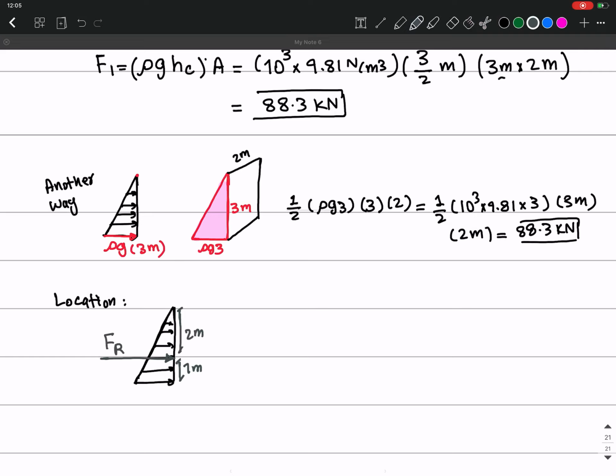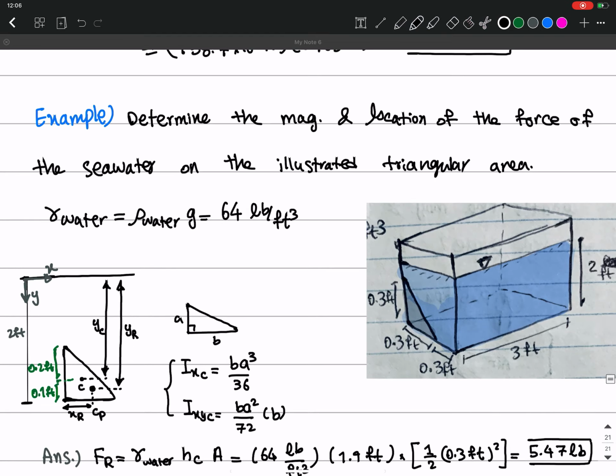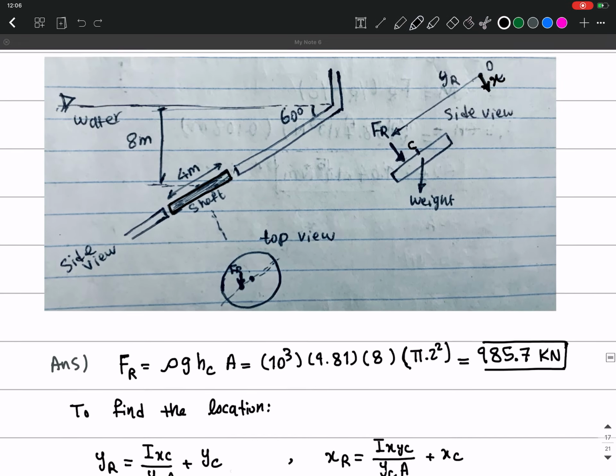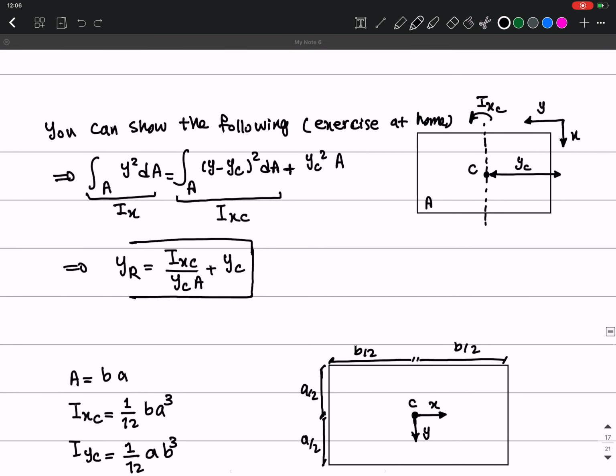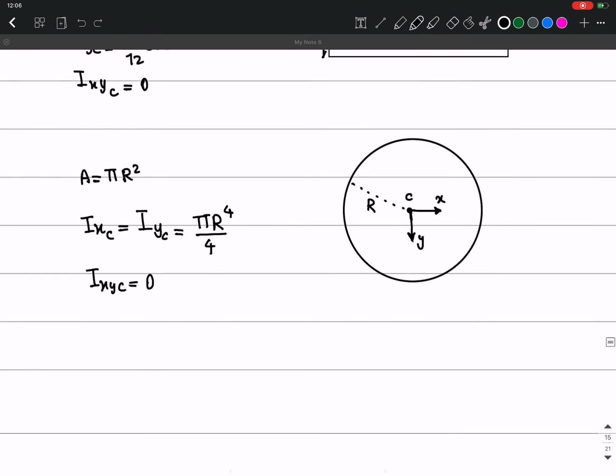And this is the resultant force that acts, and this shows the location of this force. This is what we know from the triangle. It's going to be 1/3, and we had it in this example and also in previous examples, and also in the tables. We also have that for a rectangle, for a triangle.